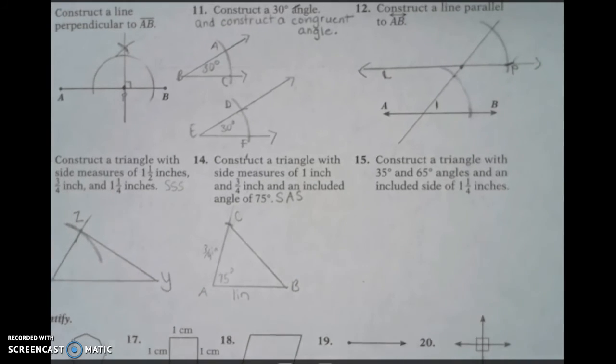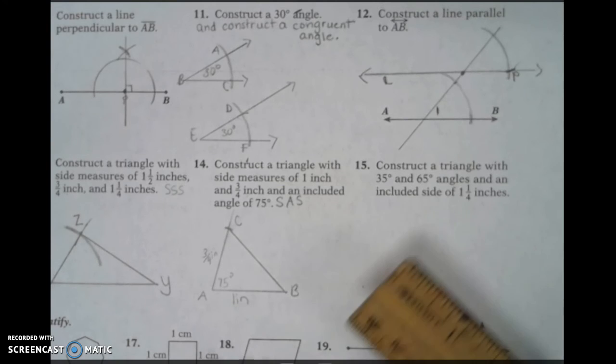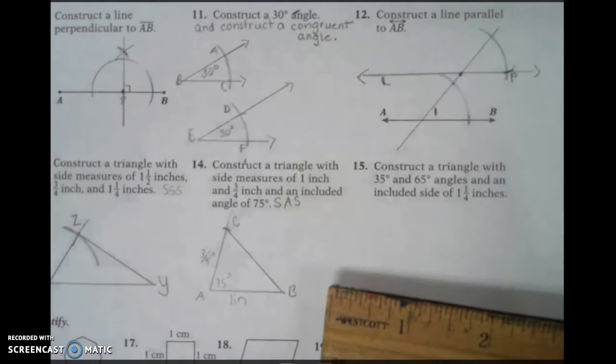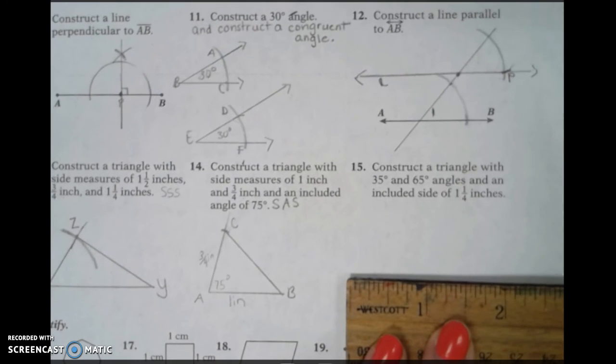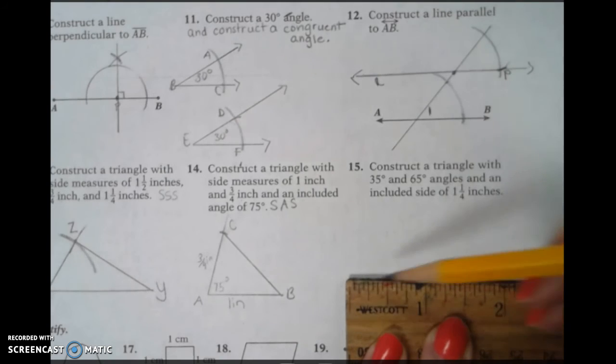Last triangle, we need to construct a triangle with 35 degrees and 65 degree angles and an included side of 1 1/4 inches. So anytime we are given a side, we start with that as our base. So we need a 1 1/4 inch side.